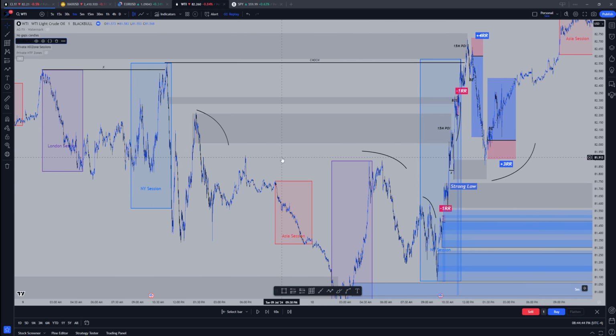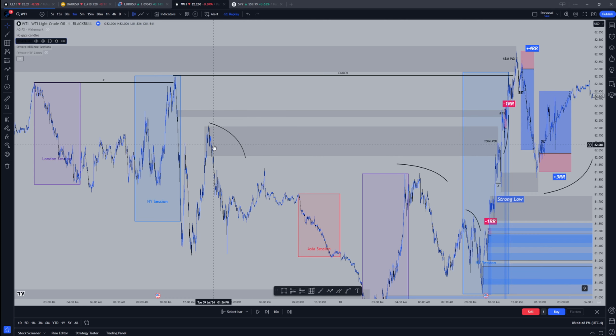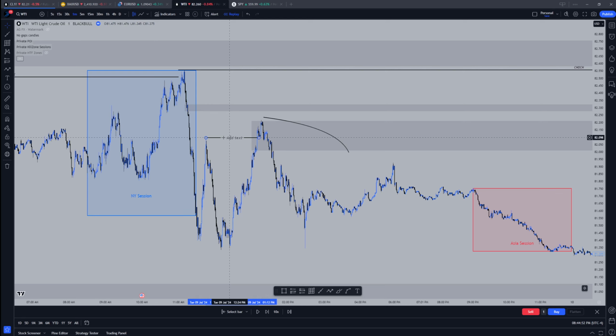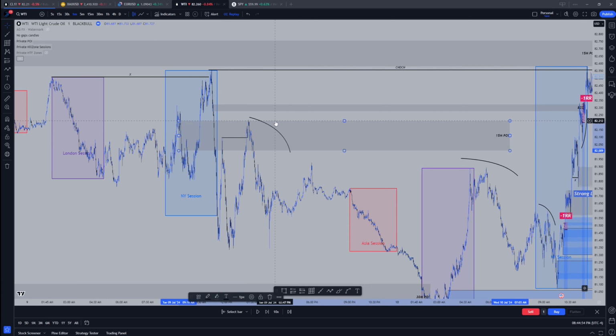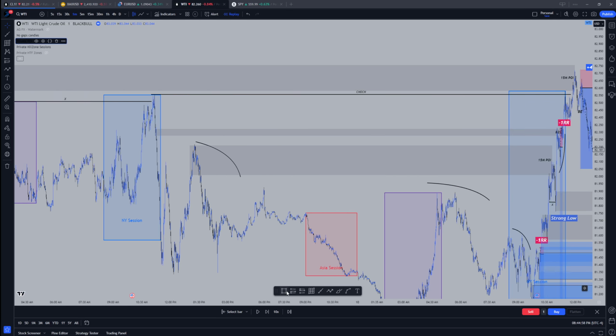I had this 15-minute POI marked here, but later realized this is also inducement, because even though we took out this high right here, it would have been a strong high. Technically, we still have a lot of imbalance, and we have a major origin above here.